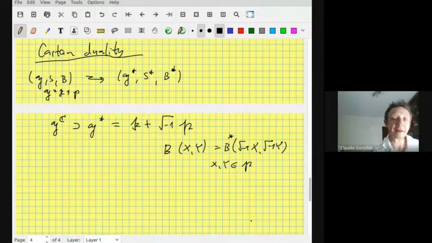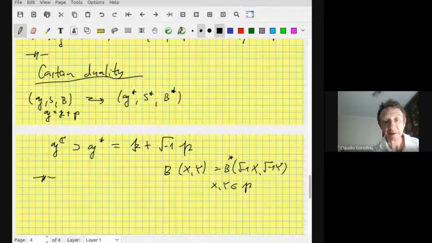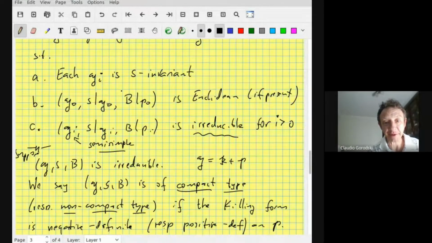So I think the best thing to do now is to give some examples to see what's going on here. Let me just go back to the decomposition theorem.